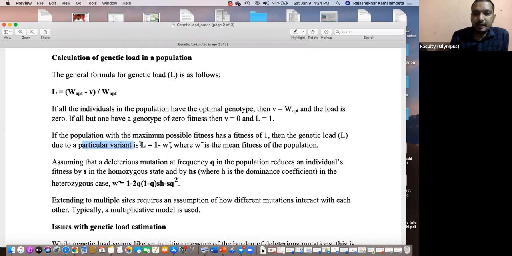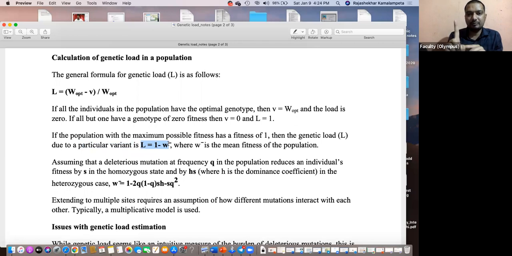Load can be calculated by the maximum fitness of a population minus the average fitness of a population. So it's the difference between maximum fitness and the existing fitness. Correct? So this is another way of calculating load, provided you have some values given to you.